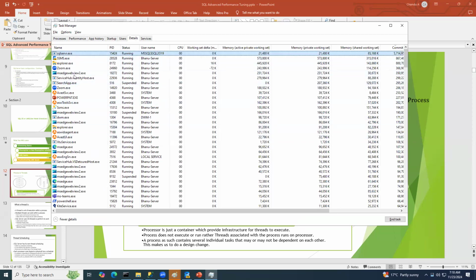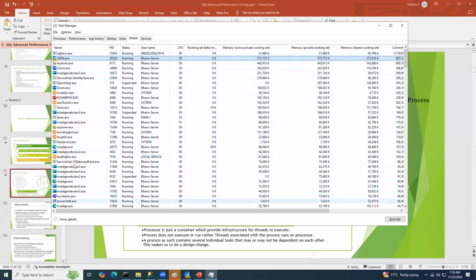Whatever services are running, everything we call one process. SQL Server is a process, ssms.exe is a process. So whatever we have installed or have on the server is called a process.